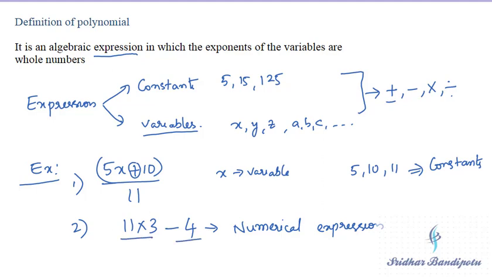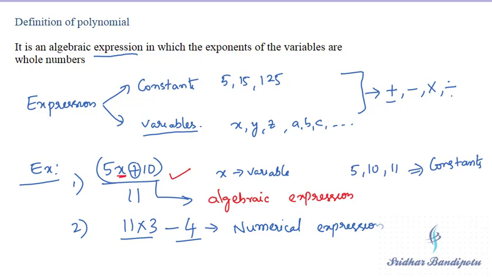Now the first example, whatever I have taken here, this is called algebraic expression. Is it clear? The first example is an algebraic expression because variable is involved.